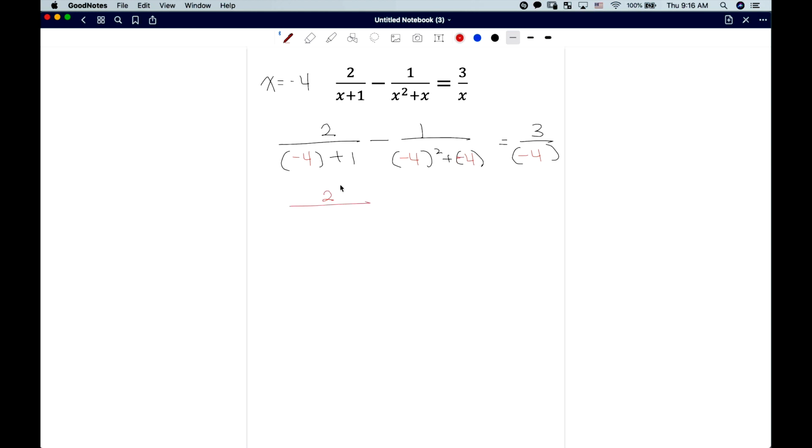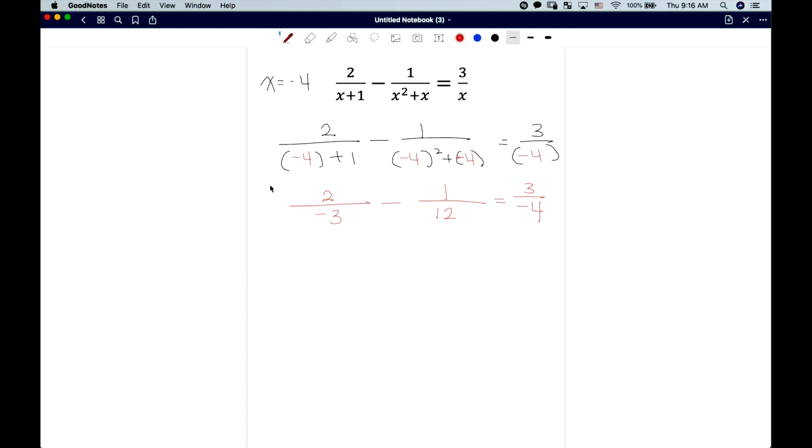So 2 divided by -4 plus 1 is -3, minus 1 divided by -4 squared means -4 times -4. That's +16. +16 plus a -4 is +12. And 3 divided by -4 stays as it is.